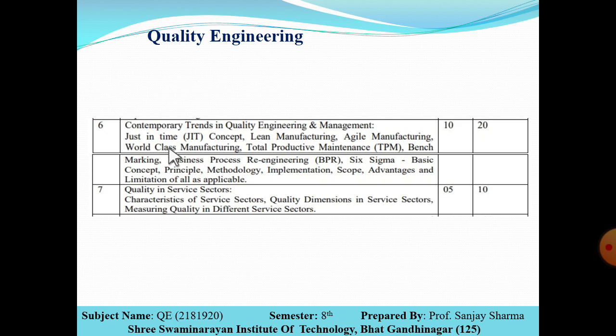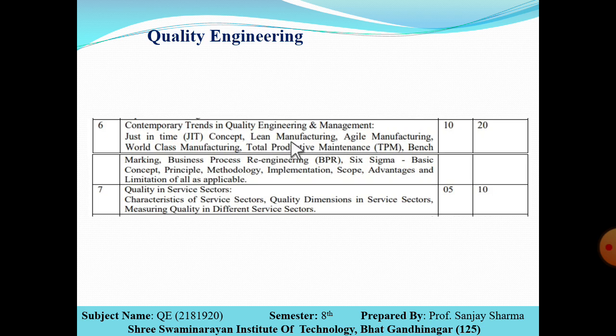Unit number 6 covers contemporary trends in quality engineering management. It has a weightage of 20%, where we will study JIT, that is just in time, how we develop quality, the steps, and by what methodology we will be able to go for quality engineering or a quality product.